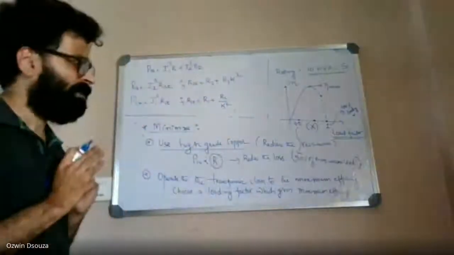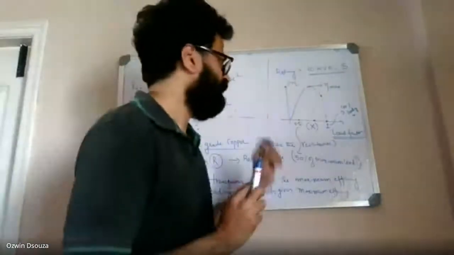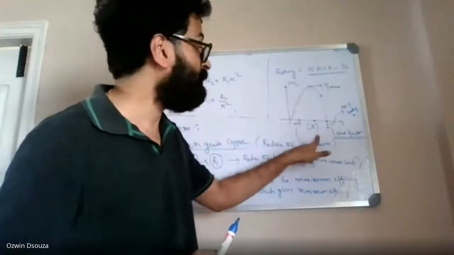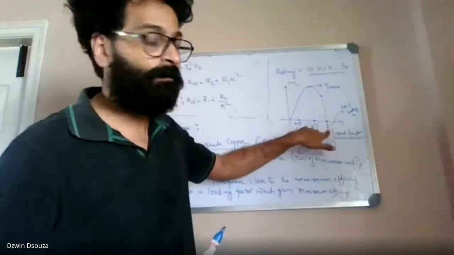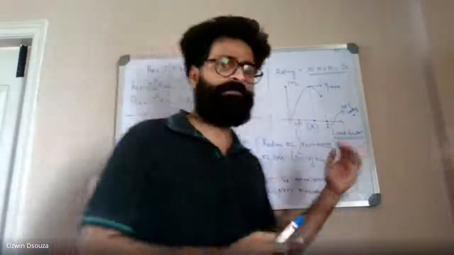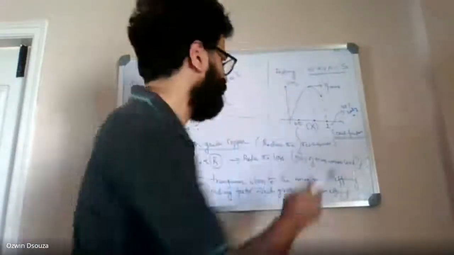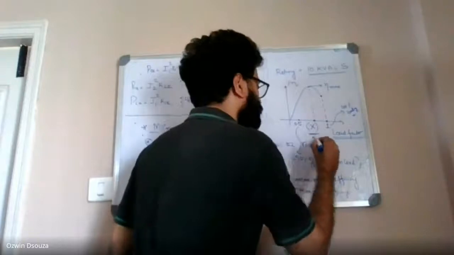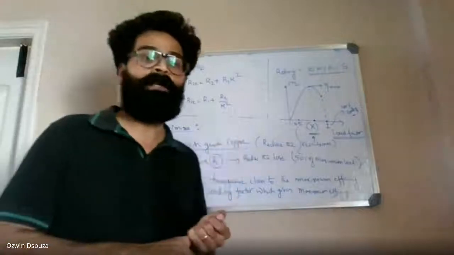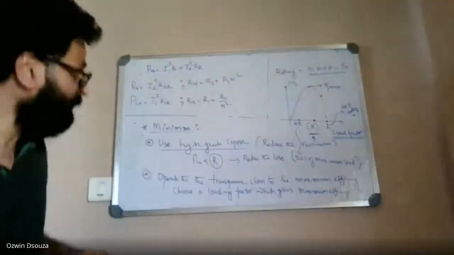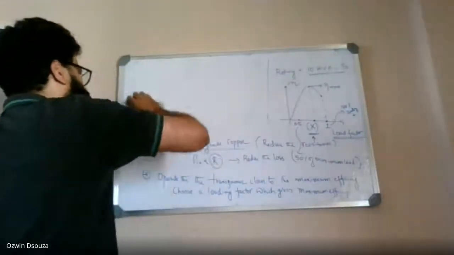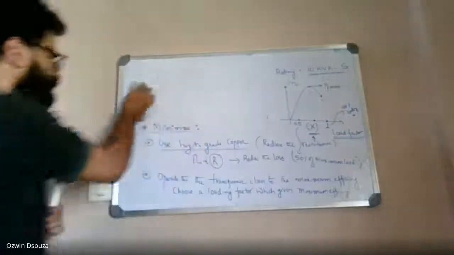Okay. So what I'm trying to tell you is that the load factor which gives maximum efficiency is not 100% loading. Okay, it doesn't give at 100% loading. Neither it gives at say 50% loading or less than that. At some optimal loading, it gives maximum efficiency. Okay, so we need to operate the transformer at this optimal value. Okay, so that optimal value can be found using the following relation.